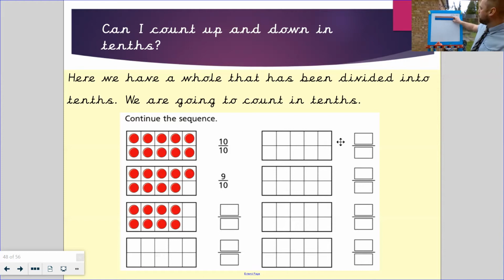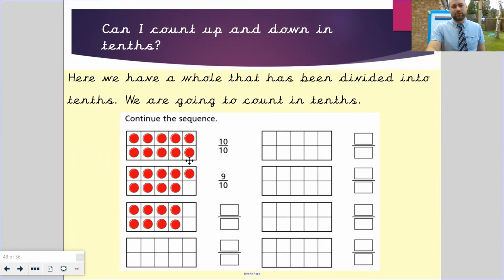Therefore, 1/10 of 100 is equal to 10. If my whole was 20 and I divided it by 10, my answer is 2. So each one of these tenths is equal to 2. When we divide a whole by 10, we get a tenth. And today we are going to be looking at how we can count up and down in tenths.